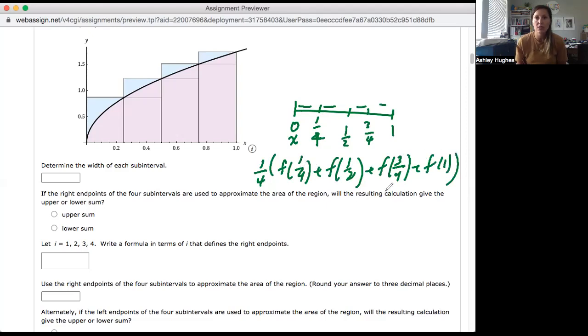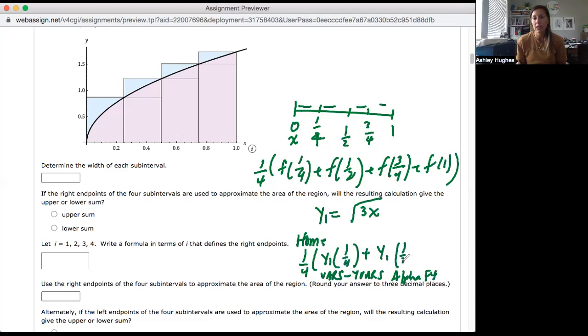You can type in Y1 the square root of 3x, and then type this in your home screen: 1/4 times Y1 of 1/4 plus Y1 of 1/2 plus Y1 of 3/4 plus Y1 of 1. Or you can find the square root of 3/4, the square root of 3/2, the square root of 9/4, the square root of 3, add them all up and multiply times 1/4.